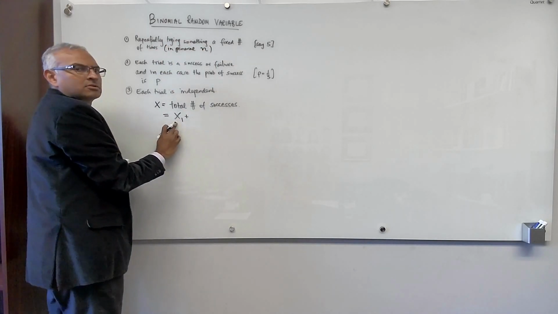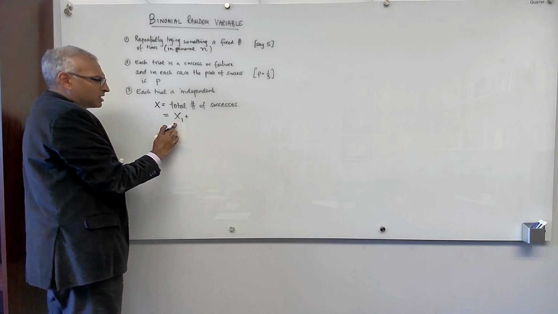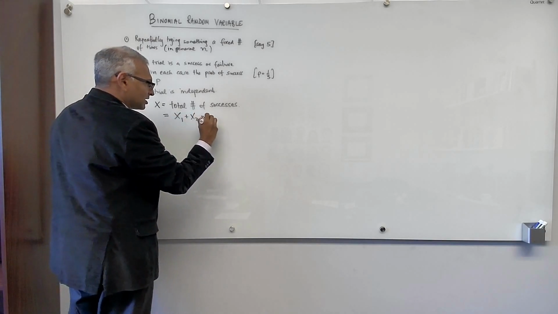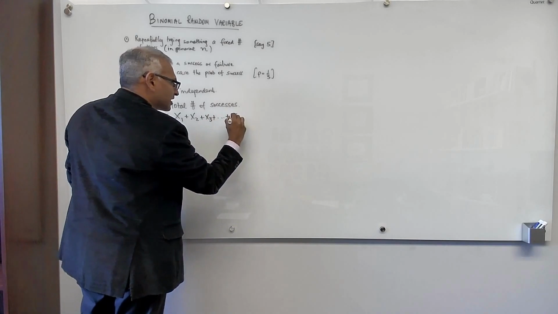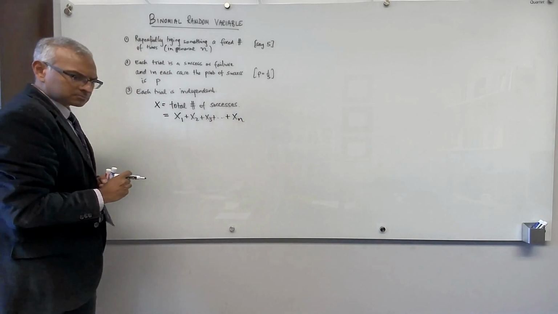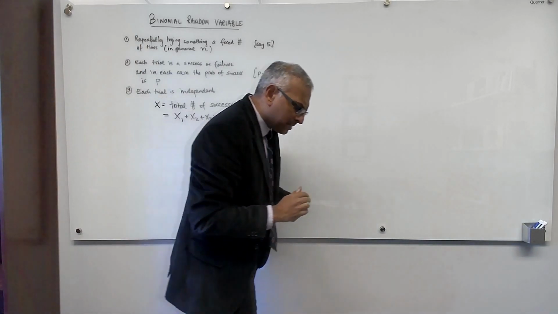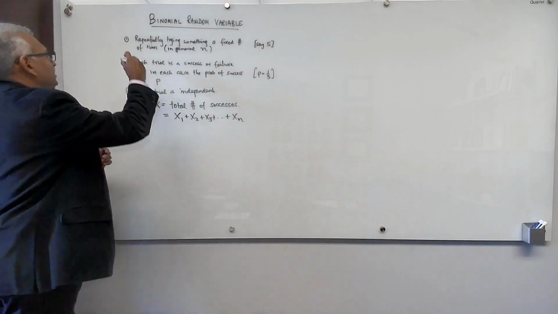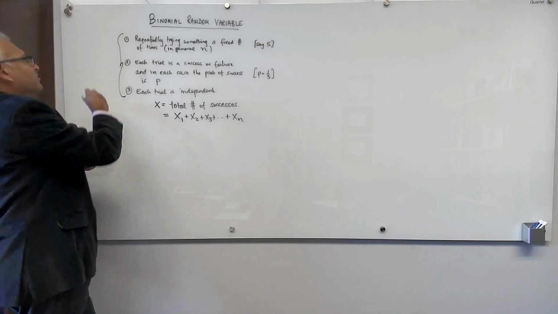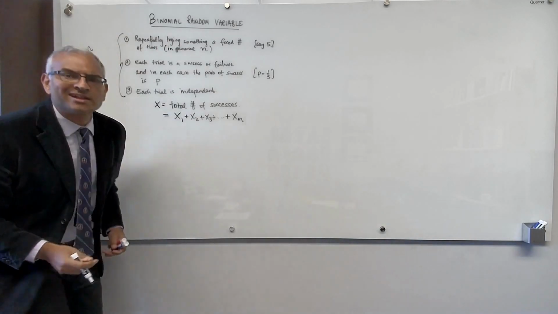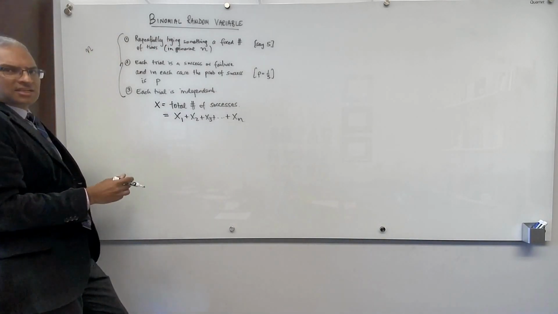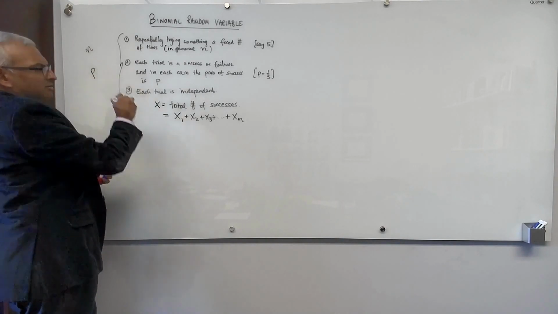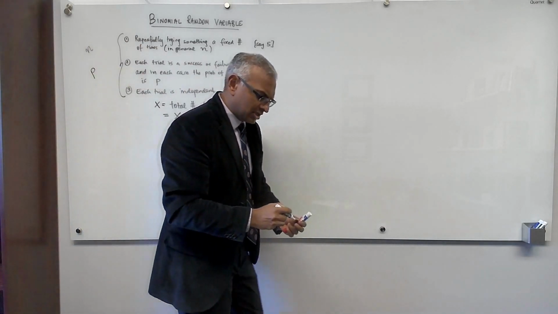So you have Bernoulli random variables X1 plus X2 plus X3 plus up to Xn. There are 2 parameters at play in this experiment. The first parameter is n, the number of trials. And the second parameter is p, the probability that you succeed in each trial.